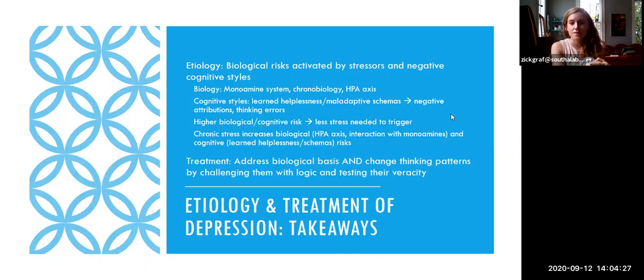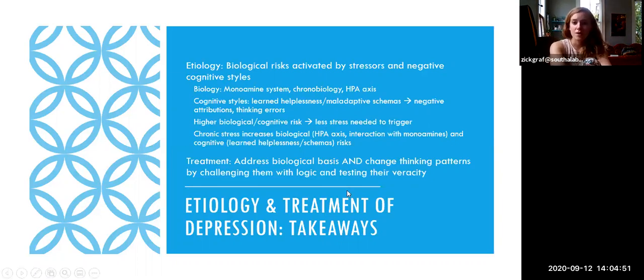And chronic stress, especially stress related to things like poverty or childhood adversity, domestic violence, child abuse, and neglect, increases both biological and cognitive risk for depression. So chronic stress can sometimes trigger a depressive episode, or it can create the situation, the biological and cognitive risk that leads someone to fall into a depression with a relatively minor stressor.